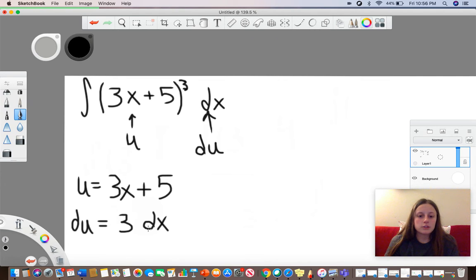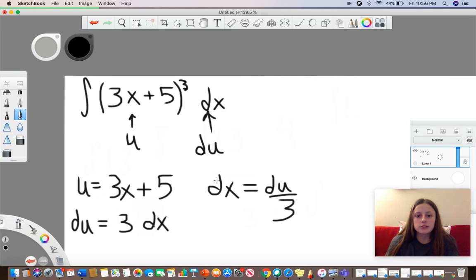So to solve, we need to substitute an expression for dx. So you divide both sides by 3. Then you just get dx is equal to du over 3. And so instead of 3x plus 5, we're going to put a u in its place.